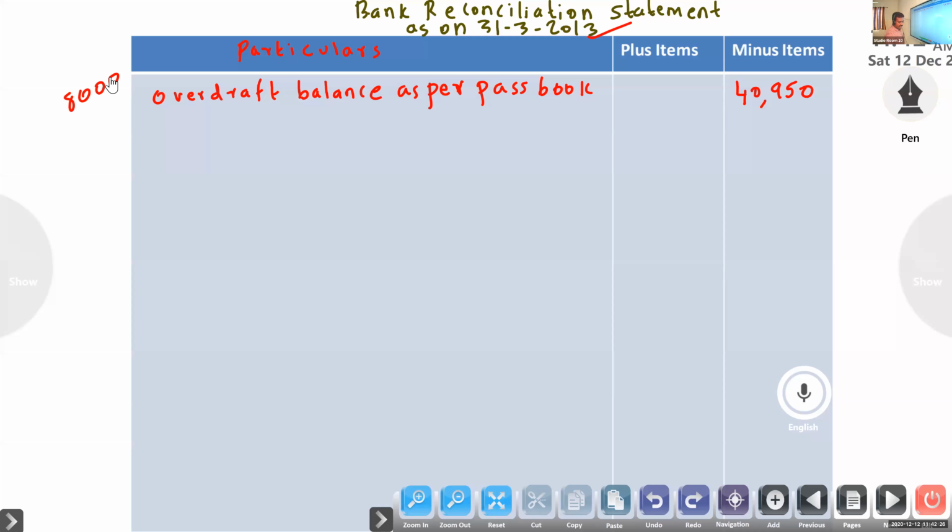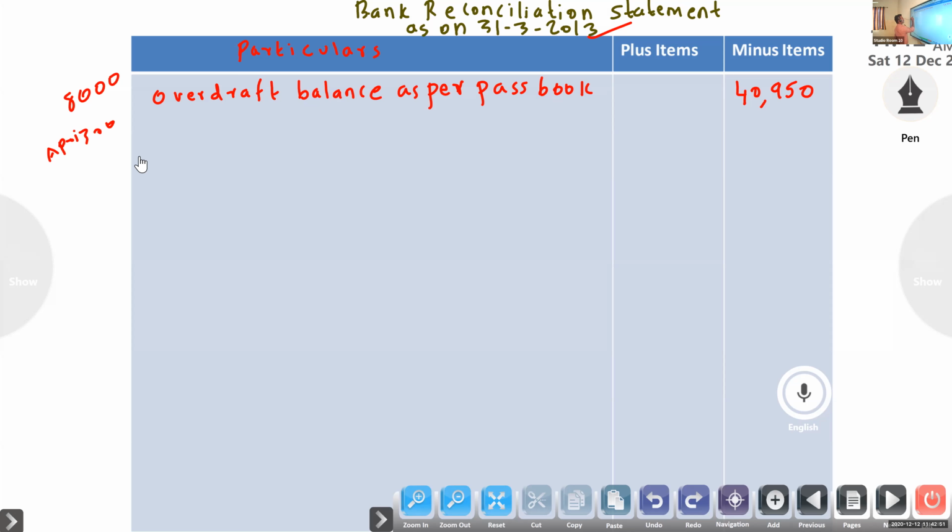Out of that, 3,000 were encashed, but only in April. The remaining you can assume was presented, but that 3,000 was presented only after this date. So on this date, they didn't present that check.